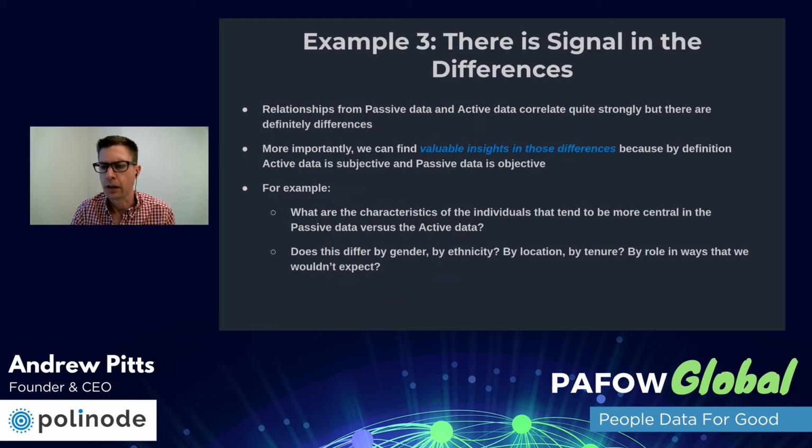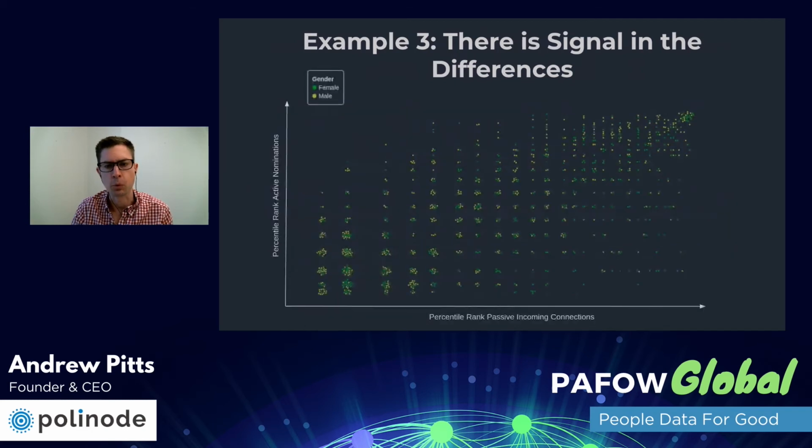Does this differ by gender, by ethnicity, by location, by tenure, by role in ways that we wouldn't expect? And there are a lot of interesting applications of this in the diversity and inclusion space as well. Just to keep it simple, let's look at gender. This is all anonymized data. The horizontal axis is the percentile rank in terms of passive incoming connections, and the vertical axis is the percentile rank of active nominations.